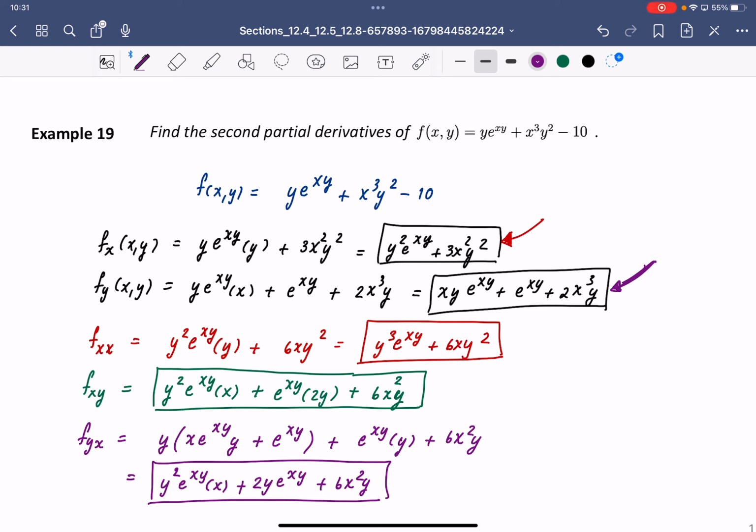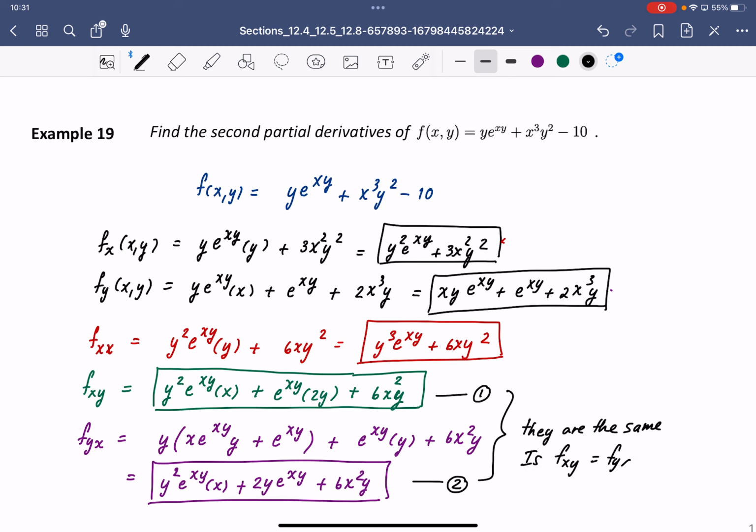What you can observe here is that if you take time, you can do it because it's just basic calculation, just extended into two dimensions. But what you observe here is that this one, number 1 and number 2, they are the same. So this and this, they are the same. So is it the case that fxy is always equal to fyx?